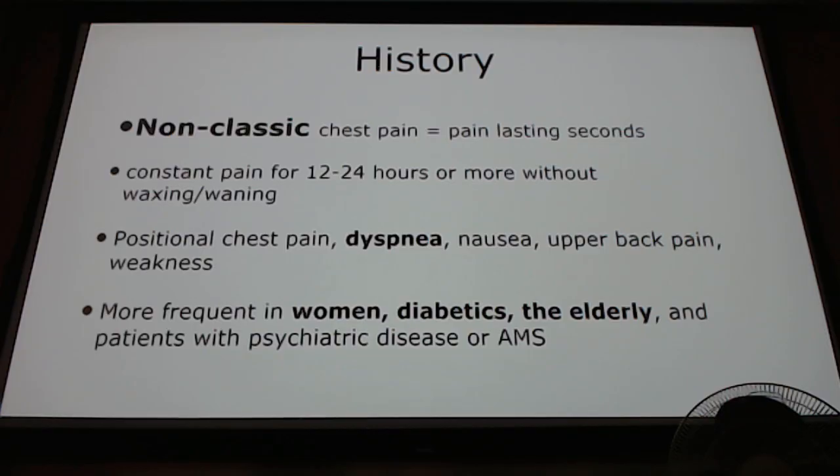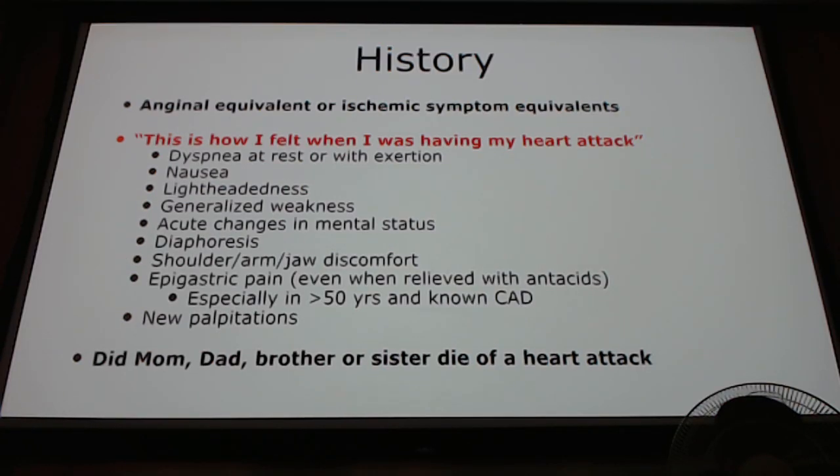They may have a constant pain. A lot of times nausea or vomiting is their chief complaint, or maybe shortness of breath. So these are all things we need to consider when we're getting our history or HPI on whether we need to place them into that category of could this be ACS, and do I need to do something about it. So anginal equivalents are important.